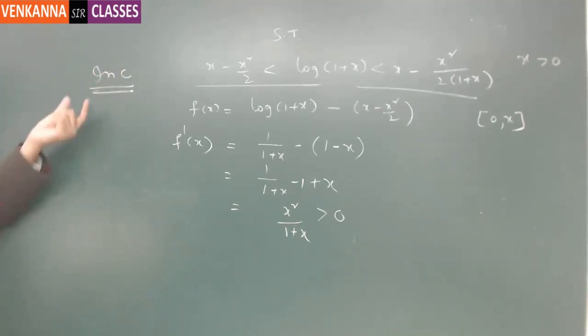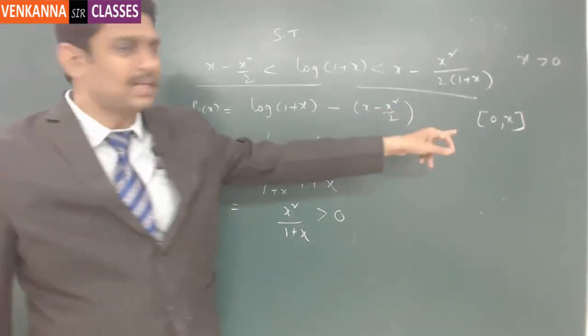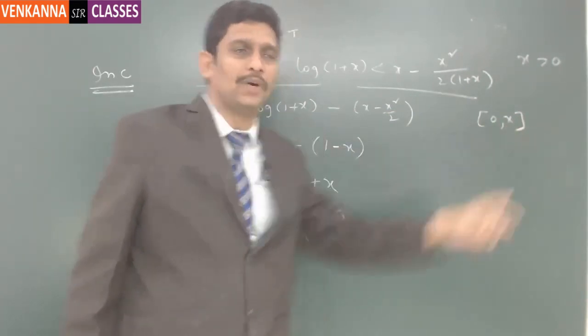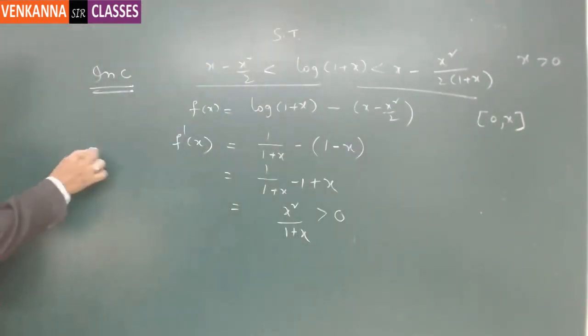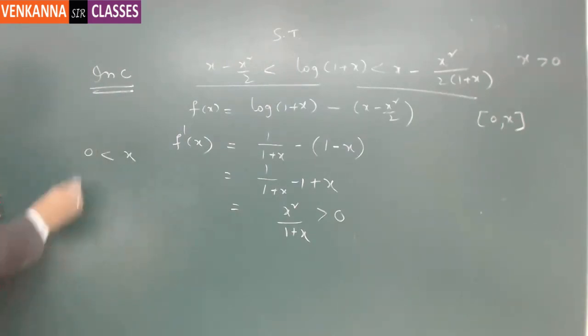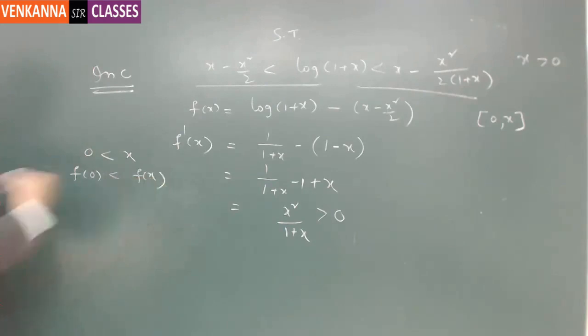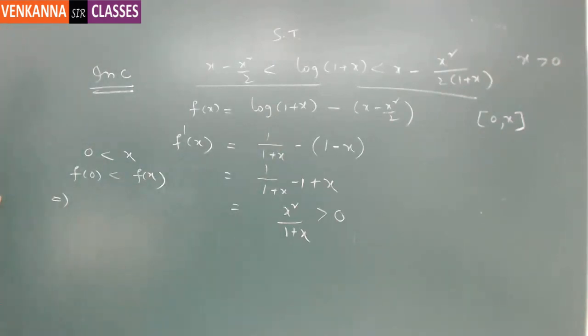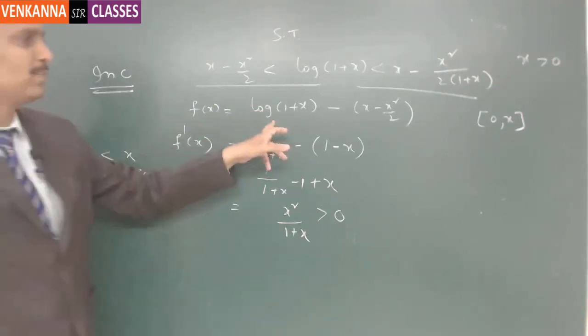If you apply the condition of an increasing function, the starting point of the interval is the smallest one and the ending point is the biggest one. So you have 0 is less than x, so f of 0 is less than f of x, strictly less than here. If you substitute 0, f of 0 is log 1, which is 0.